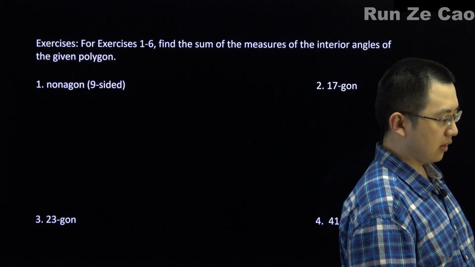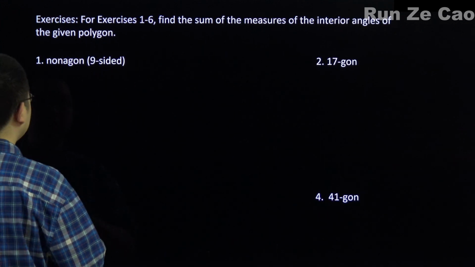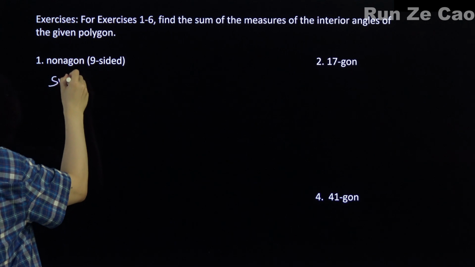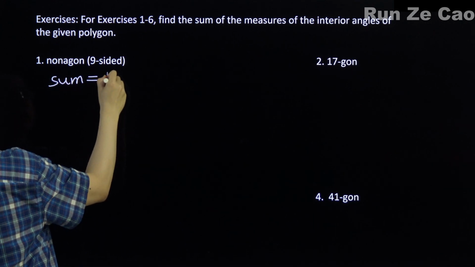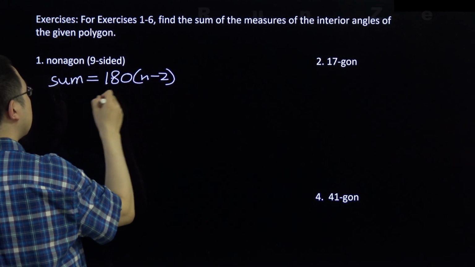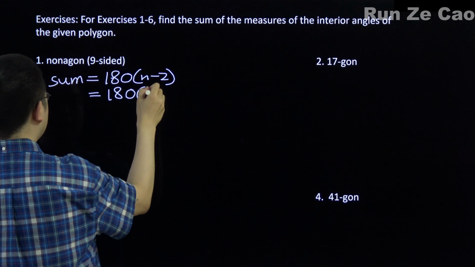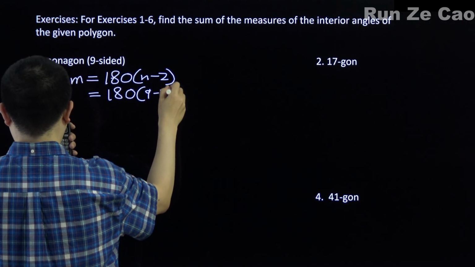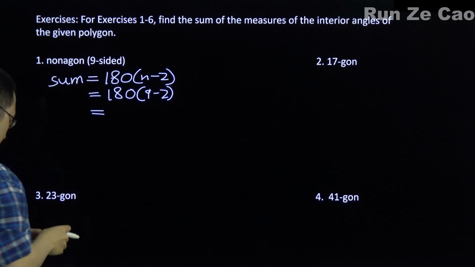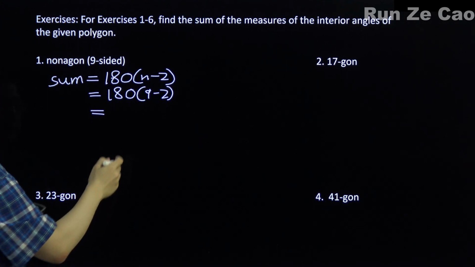Let's do some exercises. Find the sum of the measures of the interior angles of the given polygon. Well, the formula is 180 times n minus 2, where n is the number of sides. So this is 180 times 9 minus 2, which gives us 180 times 7.